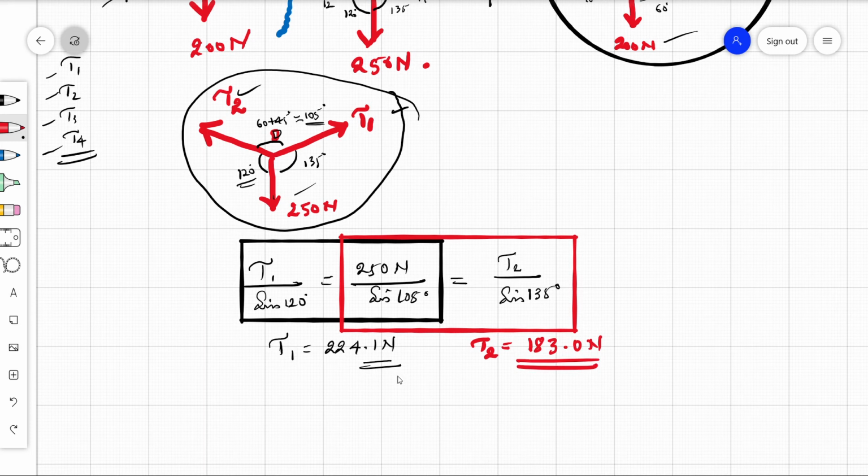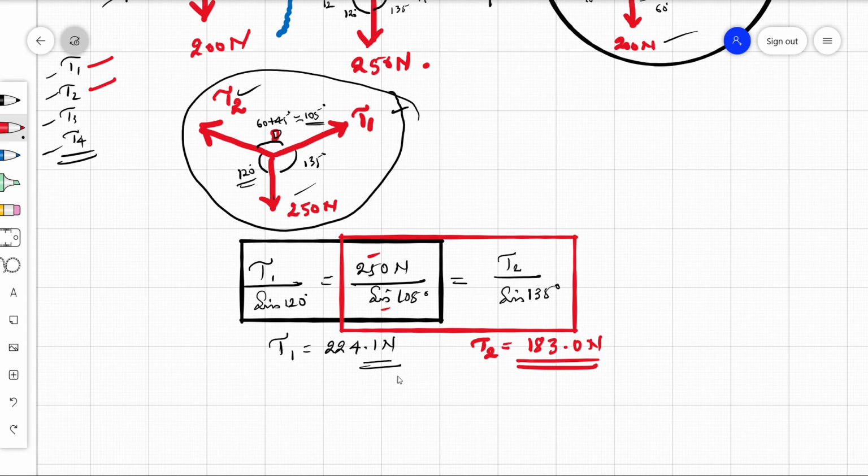This is directly from Lami's theorem. What we found is the value of T1 and T2. Just directly cross multiply: T1 is equal to 250 Newton divided by sine 105 multiplied with sine 120. You get the value of 224.1.